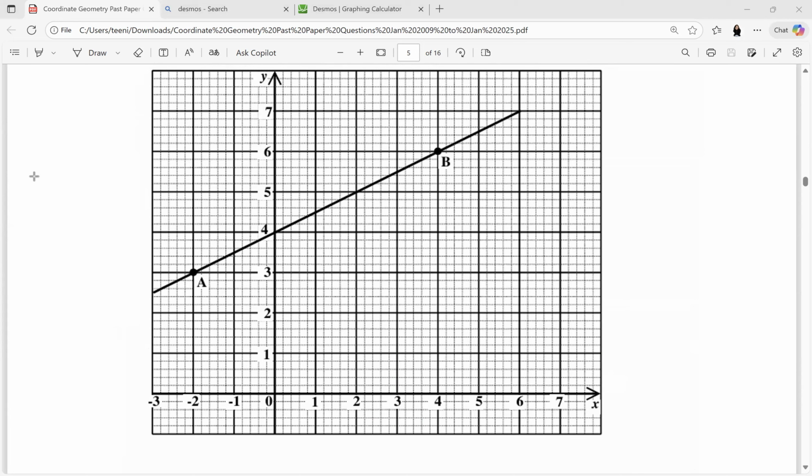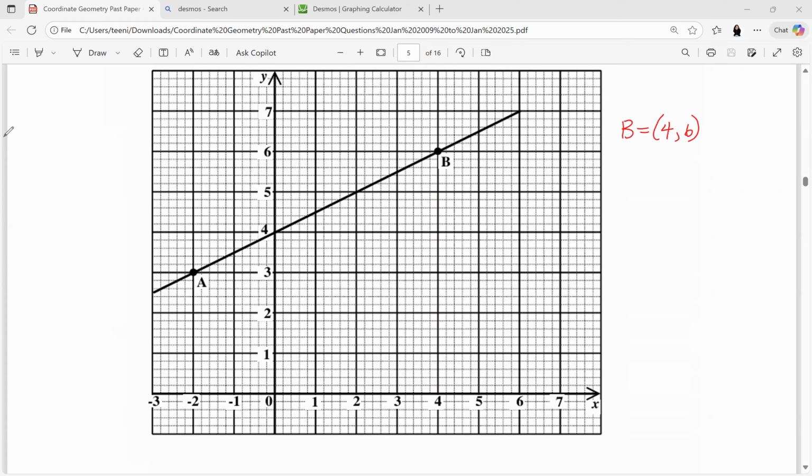So the point B is 4, and then the y coordinate of B is 6. So the coordinates of B would be 4, 6. My 4 was looking like a 9, so let me fix that.